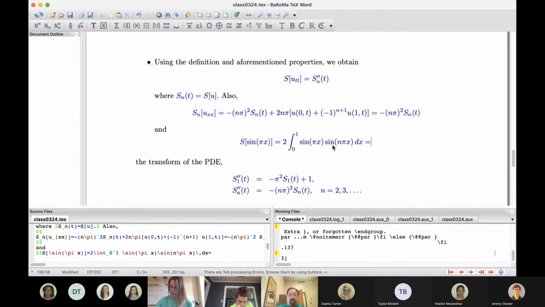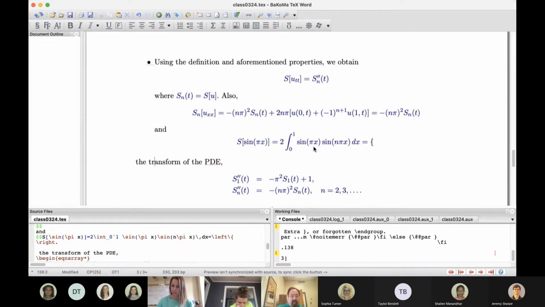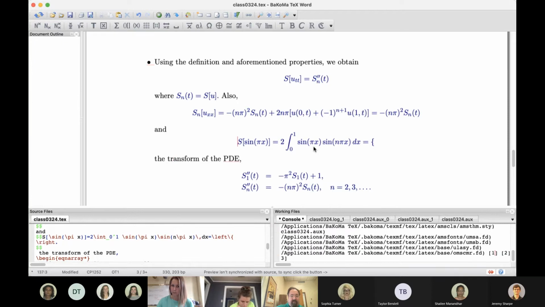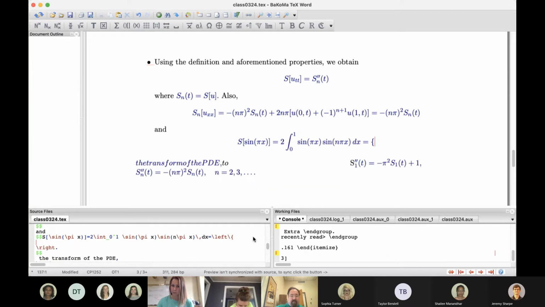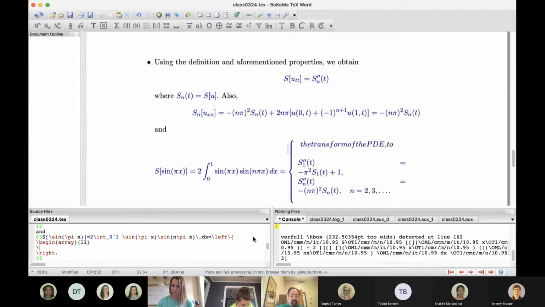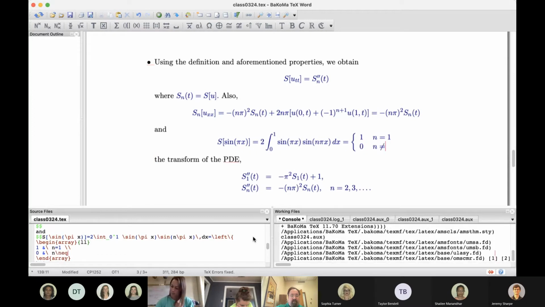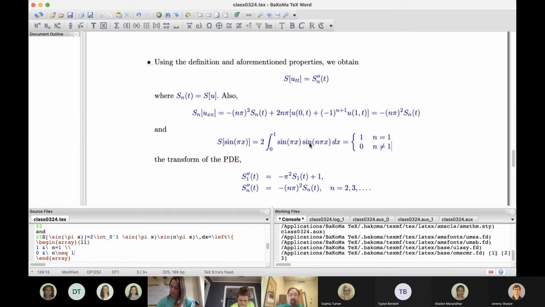But these functions are orthogonal. So this is going to be equal to 1 when n is equal to 1 and 0 otherwise. Because if I set n equal to 1 here, this integral will turn out to be 1/2, and then times 2 would give us 1.